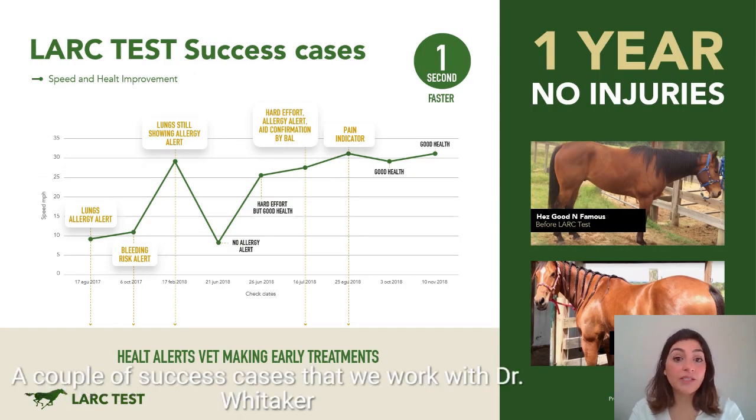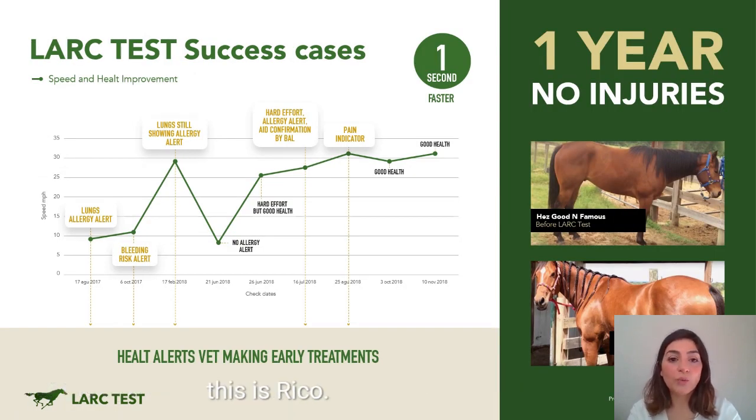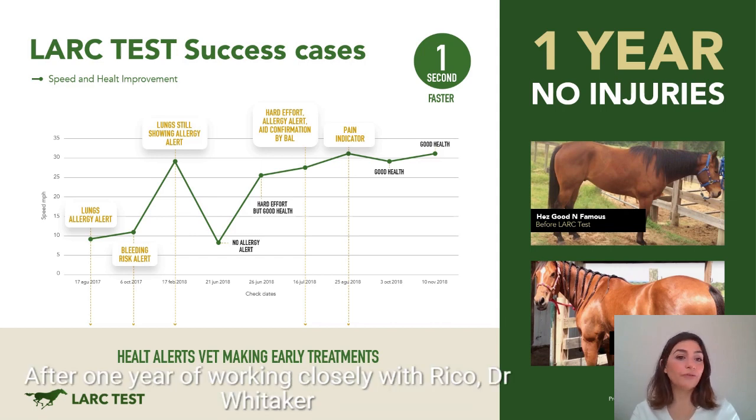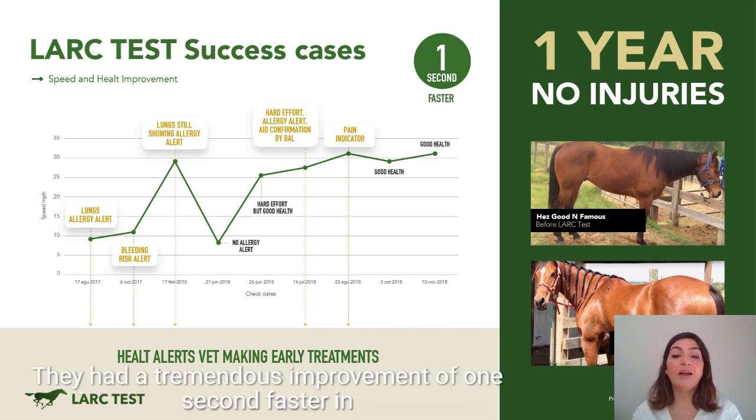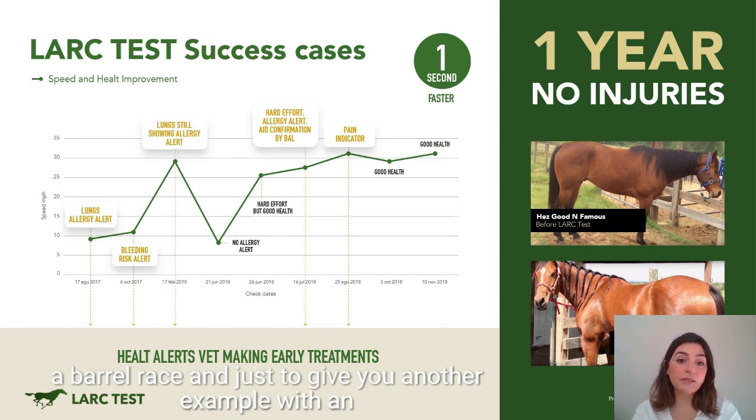To give you a couple of success cases that we worked on with Dr. Whitaker, this is Rico. After 1 year of working closely with Rico, Dr. Whitaker made diagnoses and early treatments, and they had a tremendous improvement of 1 second faster in the barrel race discipline.